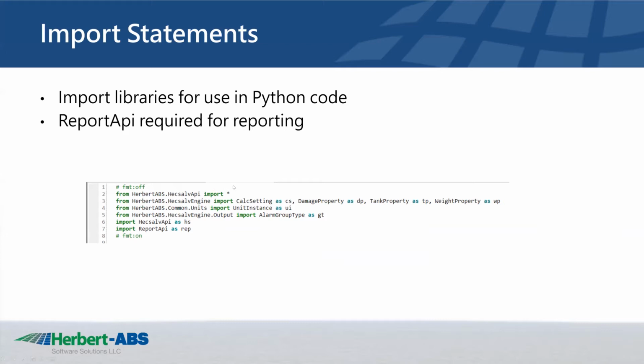These bring in most of the common items from our HECSTAB code. So it's allowing you to access the different calc settings, damage properties, and tank properties, allowing you to bring in and look at and change the units. It's bringing in the HECSTAB API, and the one that's important for running these report scripts is bringing in the report API.